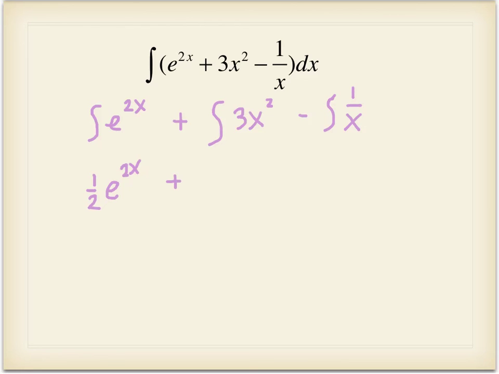This middle one is fairly easy because I know my bigger power is going to be x to the 3rd, and in this case there is a 3 there. Notice that the derivative of x to the 3rd is 3x squared, so I don't have to do anything with that. And then finally, this 1 over x is kind of strange. Oftentimes you might say, could I write that as x to the -1 power? You could, but then remember one power bigger than -1 is 0, so that looks a little fishy.